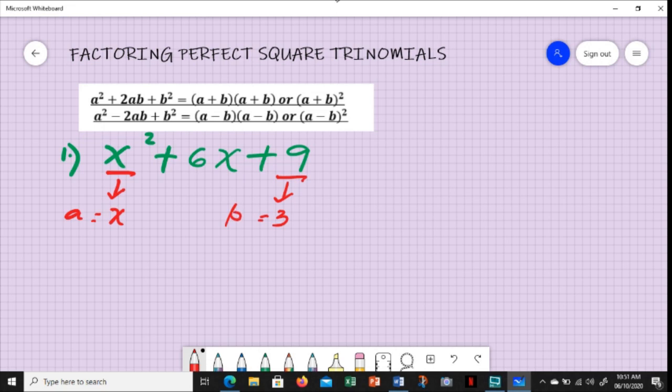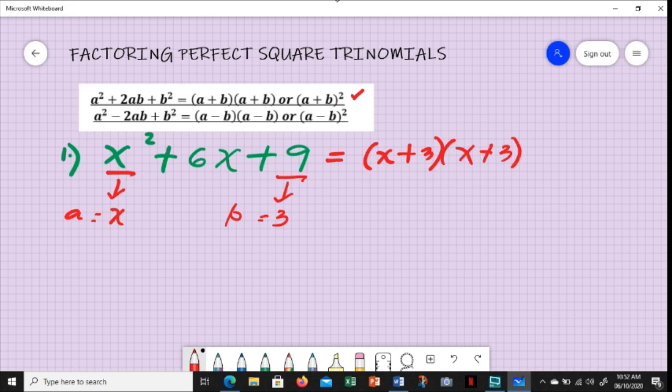Then all you have to do is substitute the value of your a and b to the pattern. This one. So it's like quantity a, ang a mo dito ay x. Okay? Plus b, what is your b? b is 3. Then, same lang naman siya sa next. So, just copy x plus 3.